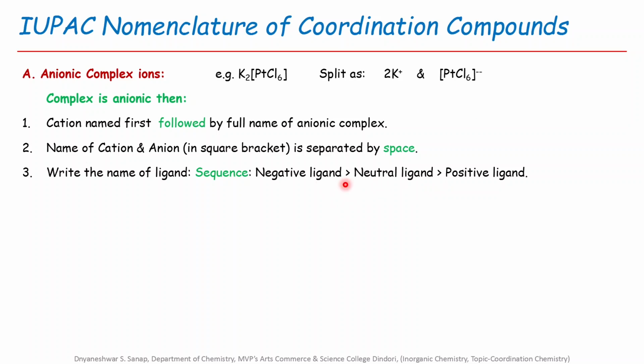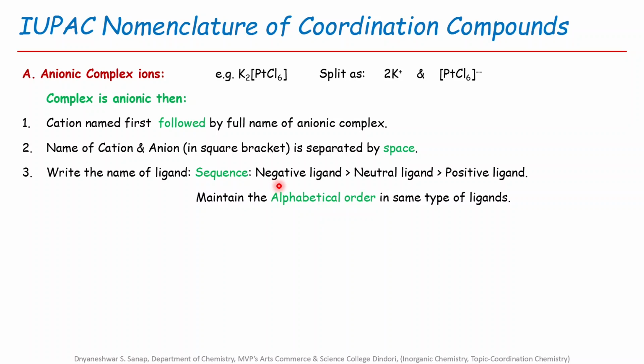But when a coordination compound has two or more ligands of one type, that means when a molecule has two different negative ligands, or two different neutral ligands, or two different positive ligands, and so on, then we have to write the ligands in this order, but we also have to maintain the alphabetical order within the same type of ligand.